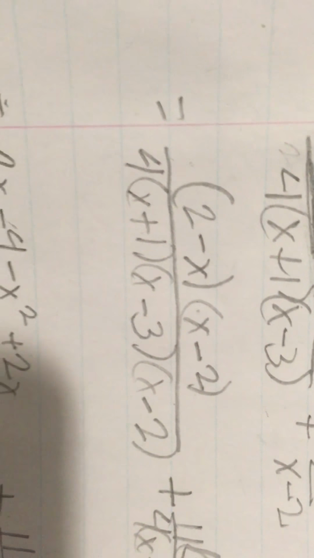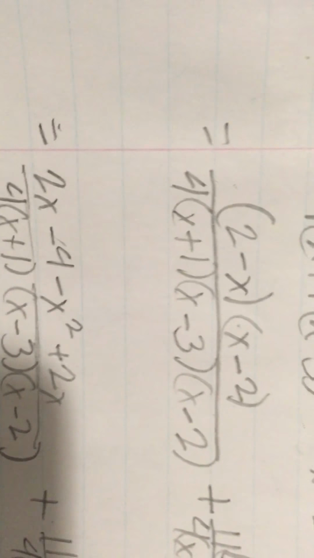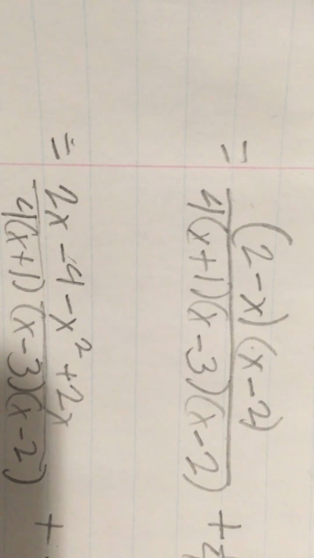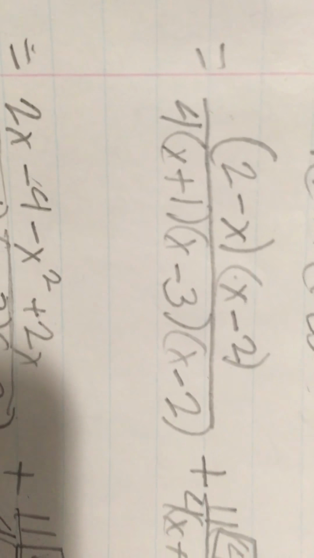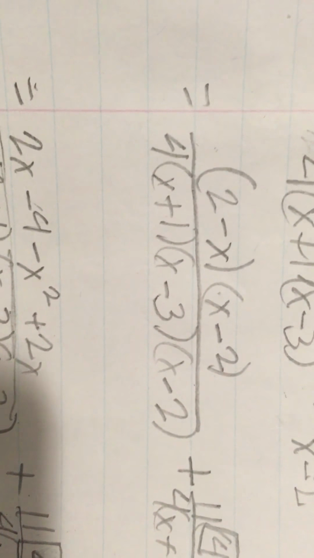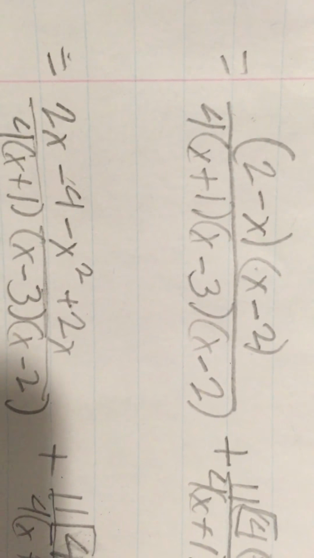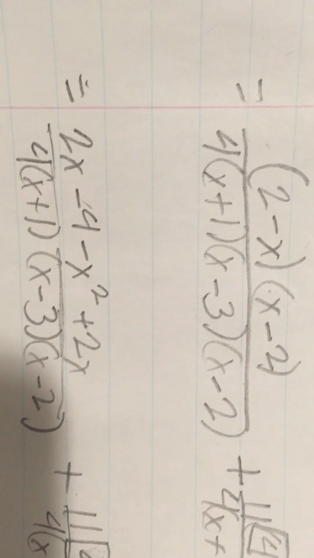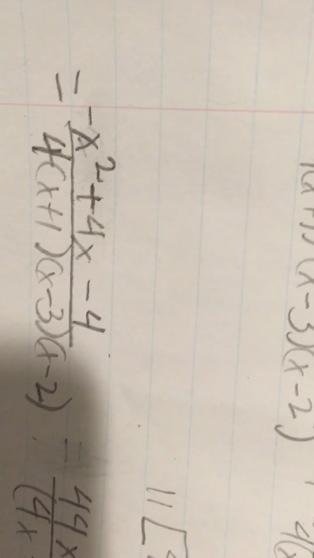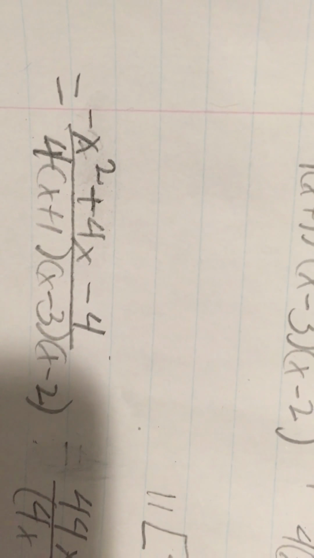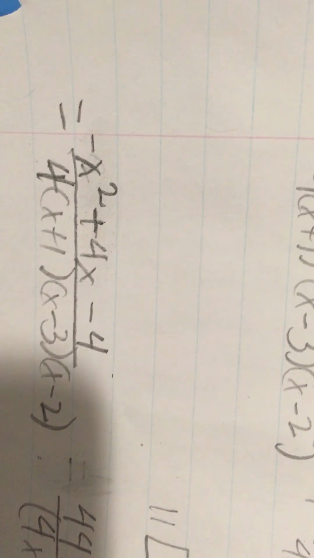So 2 times x is 2x, 2 times negative 2 is negative 4, negative x times x is negative x squared, and negative x times negative 2 is positive 2x. And we put them all together, it should become negative x squared plus 4x minus 4 over 4(x + 1)(x - 3)(x - 2), sorry.